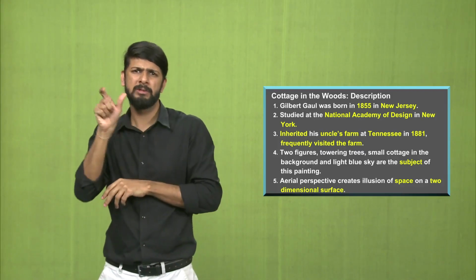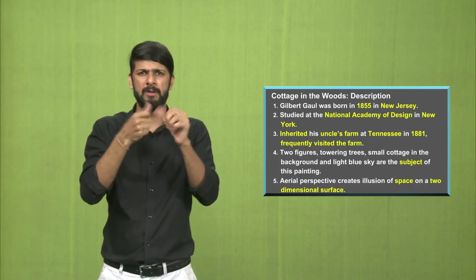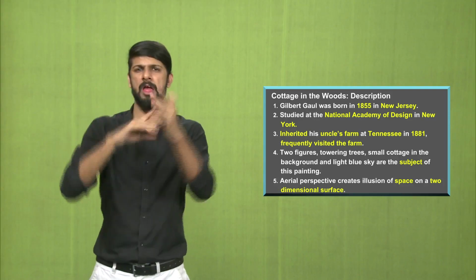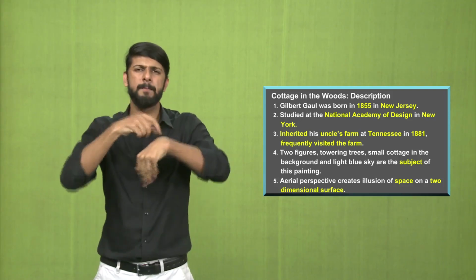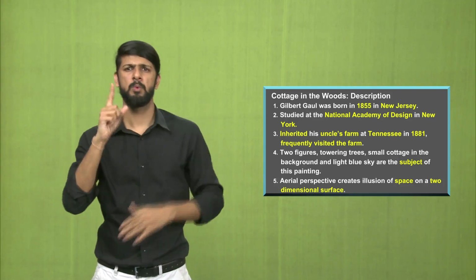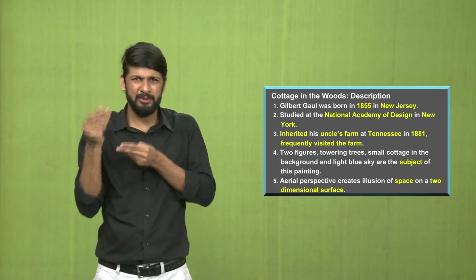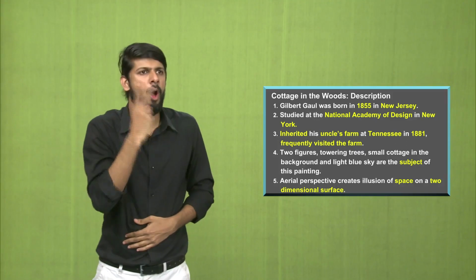Gilbert inherited his uncle's farm in Tennessee in the year 1881, and he frequently visited that farm.